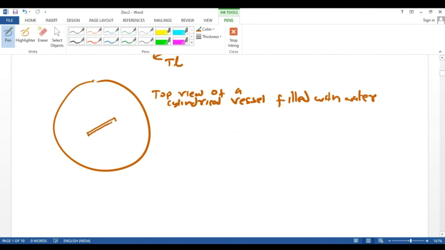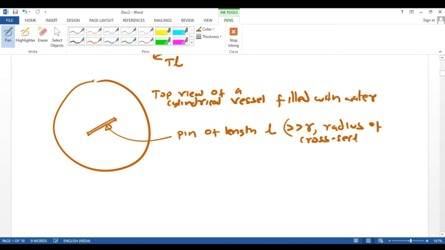So we have a thin pin, the pin of length L, and this L is very, very large compared to R, which is the radius of cross section of the pin. And the mass of the pin is equal to M.